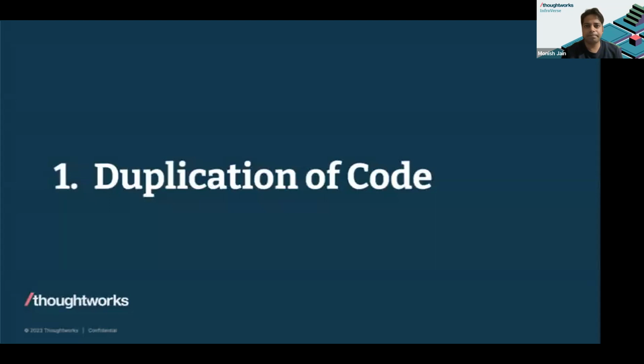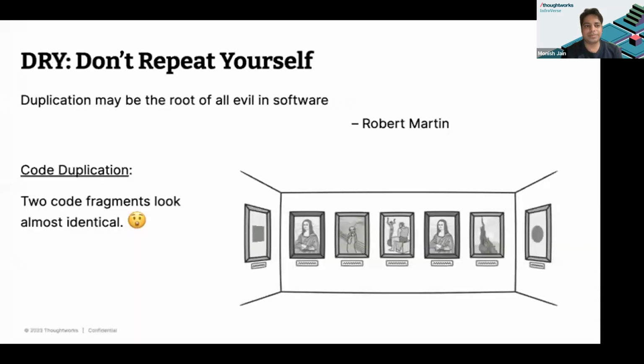So there is always a risk of missing or adding some configuration at some places and not having it in other places. So this is a very common challenge that has been encountered when we start growing in the IaC world.